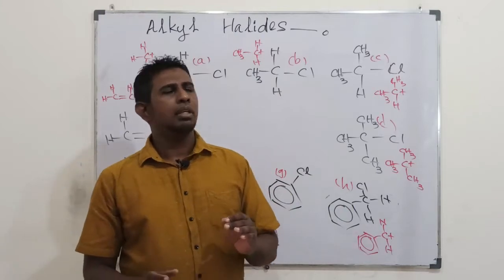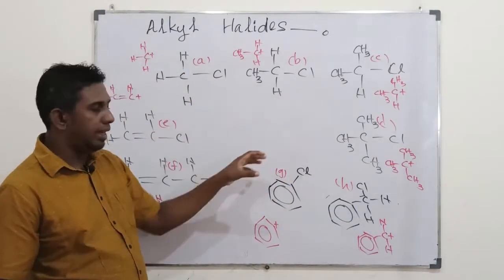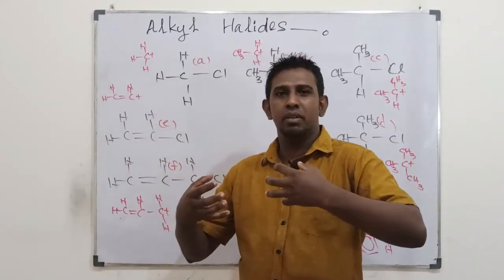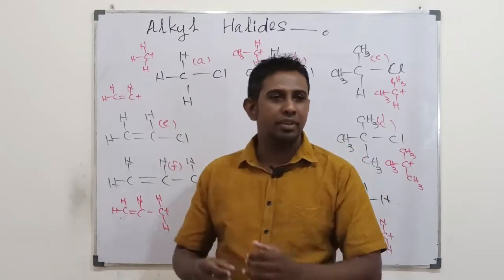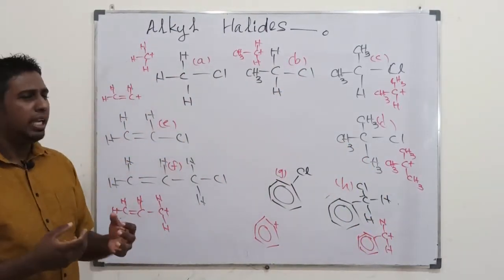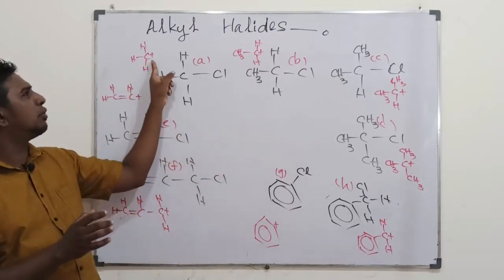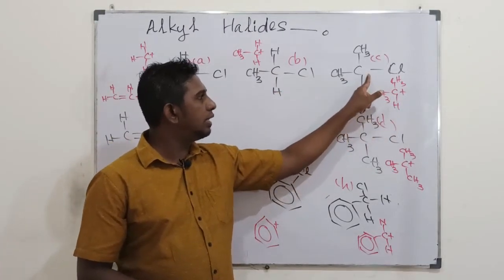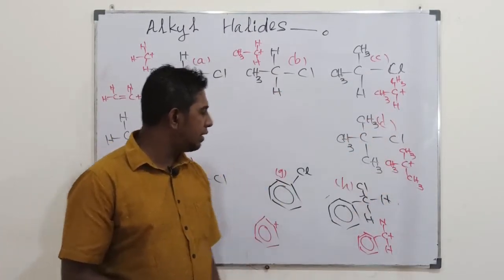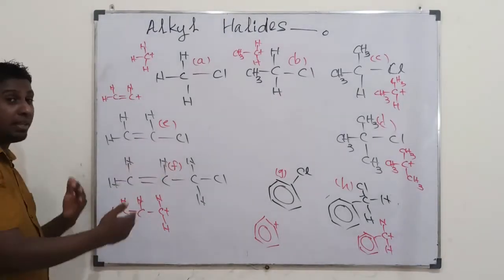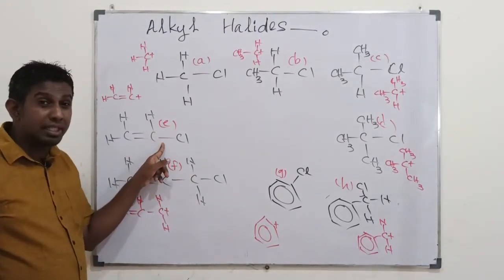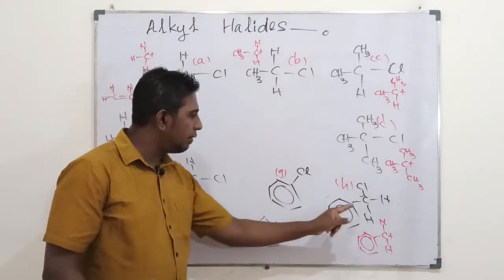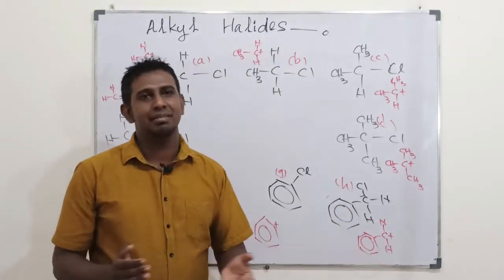If you have alkyl halides, any such, then when this chlorine is willing to leave, it would be leaving as Cl minus, resulting in a positive charge on the carbon.